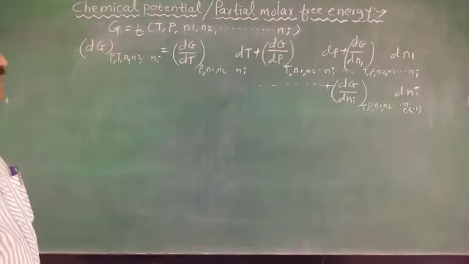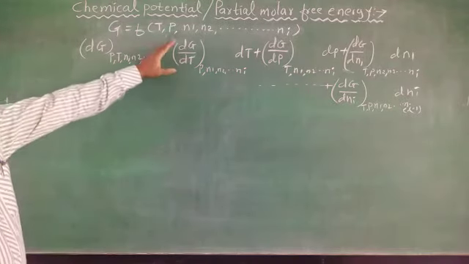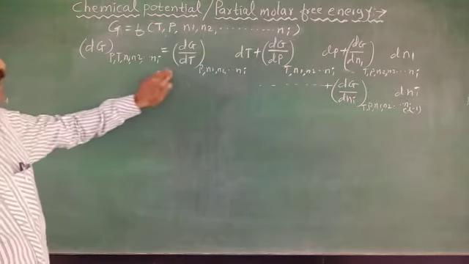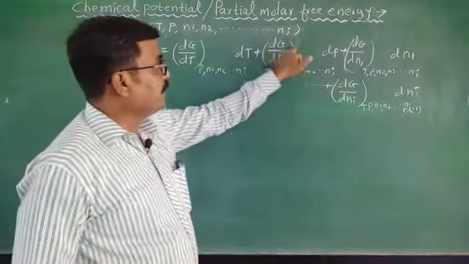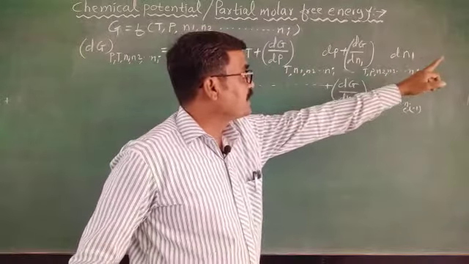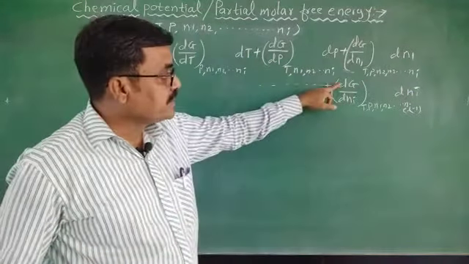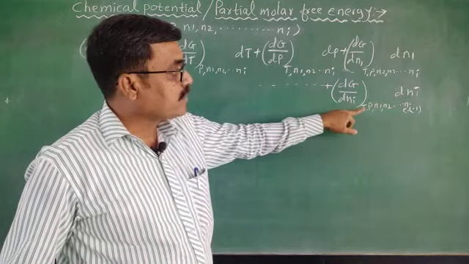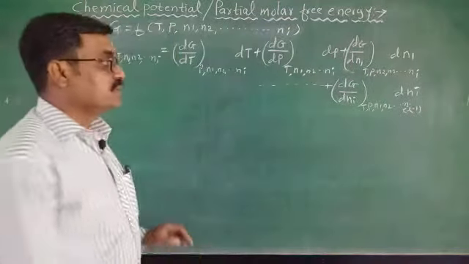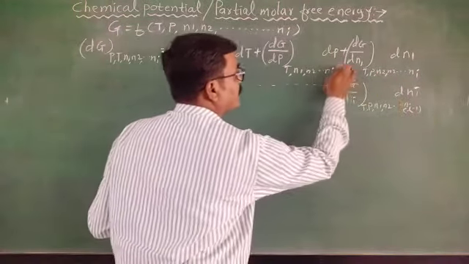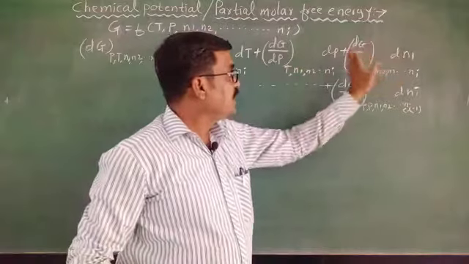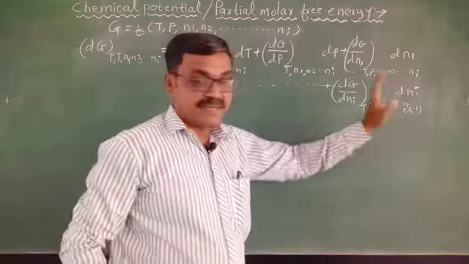We get this derivation, and each term on the right hand side, or one can say each derivative: this is the first derivative, this is the second, this is the third, the fourth, and the last is dG upon dNi at constant temperature, pressure, N1, N2 up to Ni minus 1. These are the different derivatives, except dT, dP, then dN1 and this dNi.